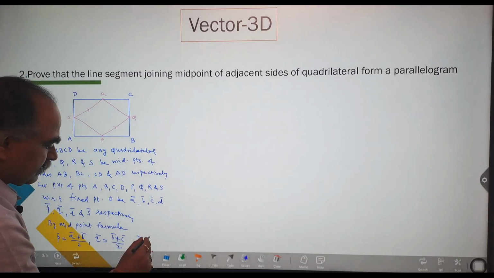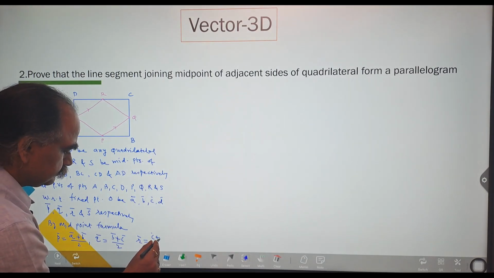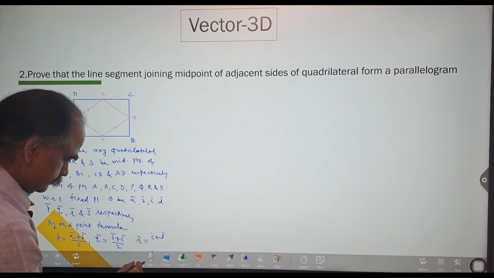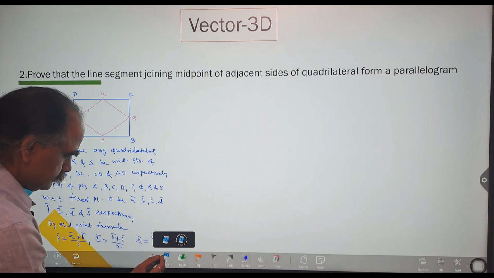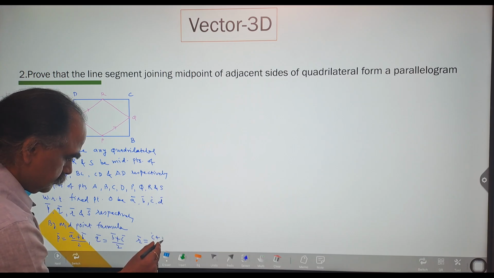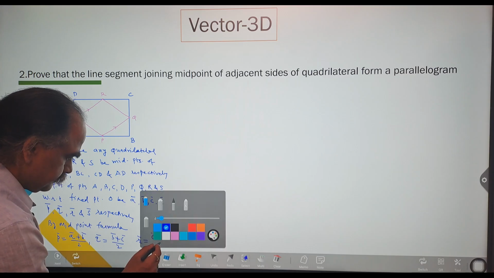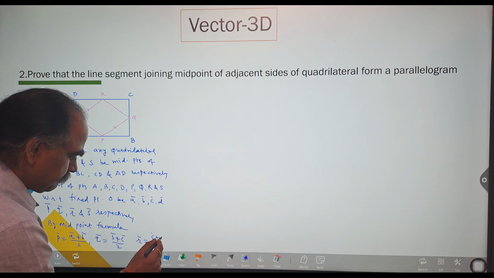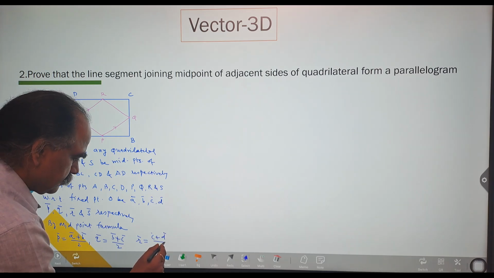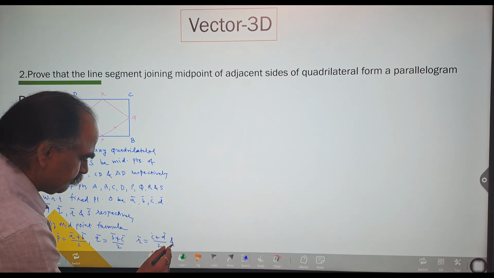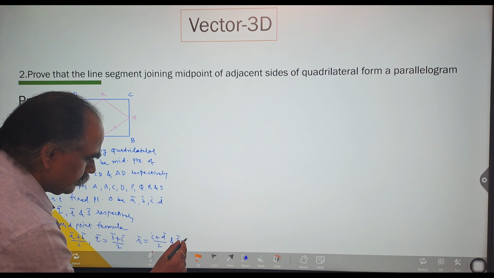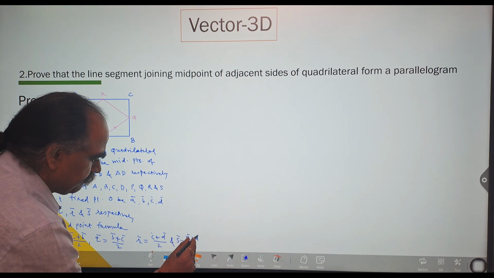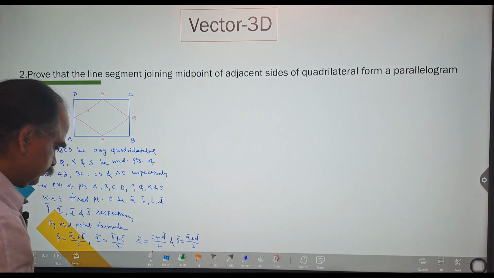(C bar plus D bar) upon 2. And S bar is what? (A bar plus D bar) upon 2.